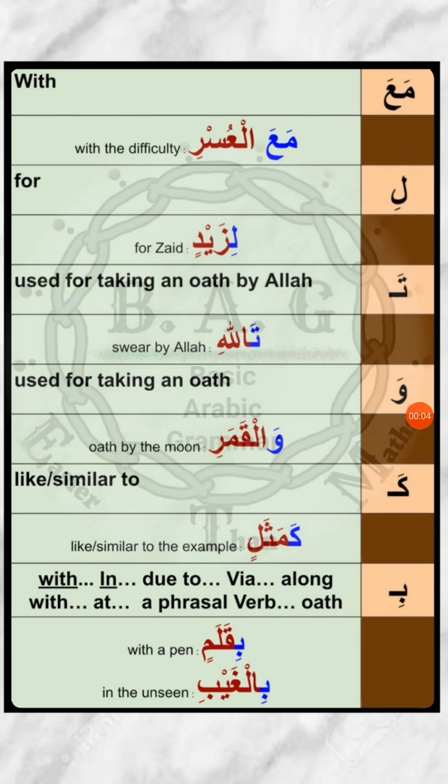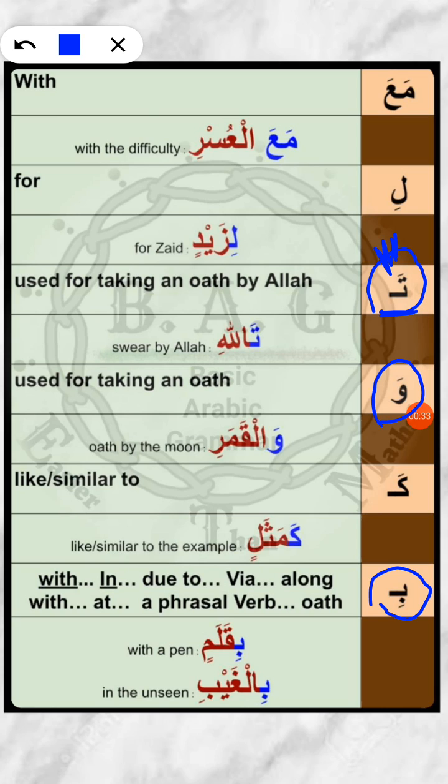All right. Next, we have the particles for taking an oath. All right, so let me encircle them. First of all, we have the particle ta, then we have the particle wa, then bi. Right, these three particles are used to take an oath. All right, now out of these three, the thing that I would want you to remember about the ta is that this one is reserved only for Allah subhanahu wa ta'ala.